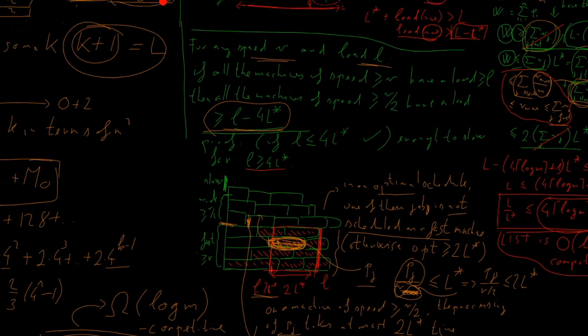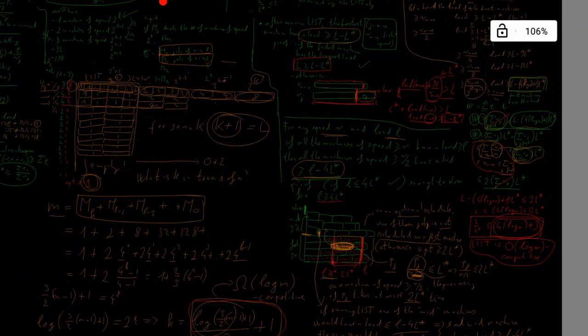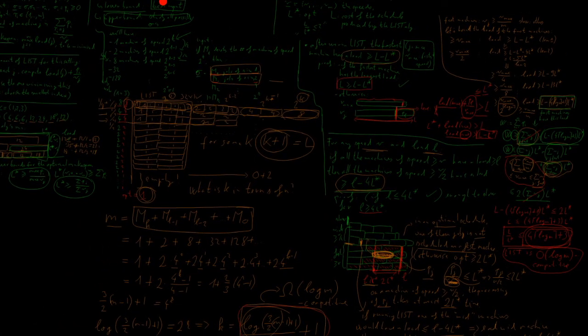This does not exactly match our lower bounds. We had a lower bound of, say, log m divided by 2 or something like that, and this is log m multiplied by 4, but it means that the actual competitive ratio of the list algorithm in this setting is somewhere around log m, so it's theta log m to be more precise.